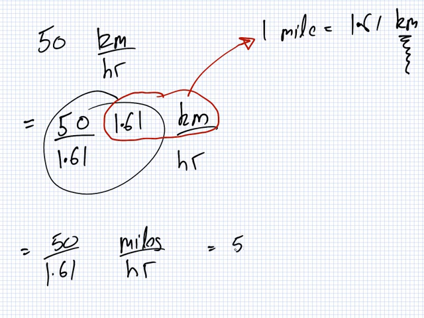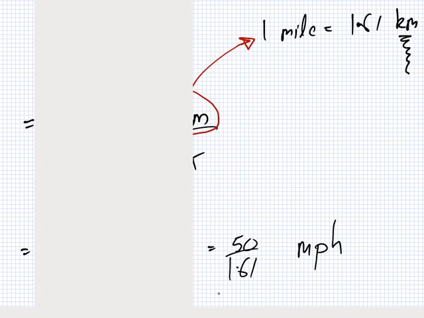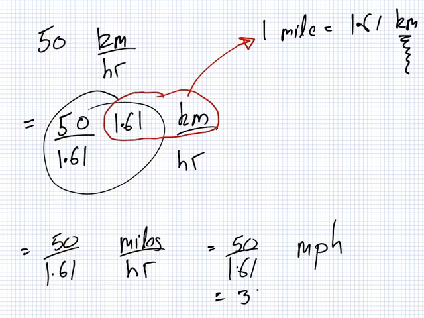Or in other words, 50 over 1.61 miles per hour. Let's calculate that. Mm, 31.06 we'll say. Miles per hour.